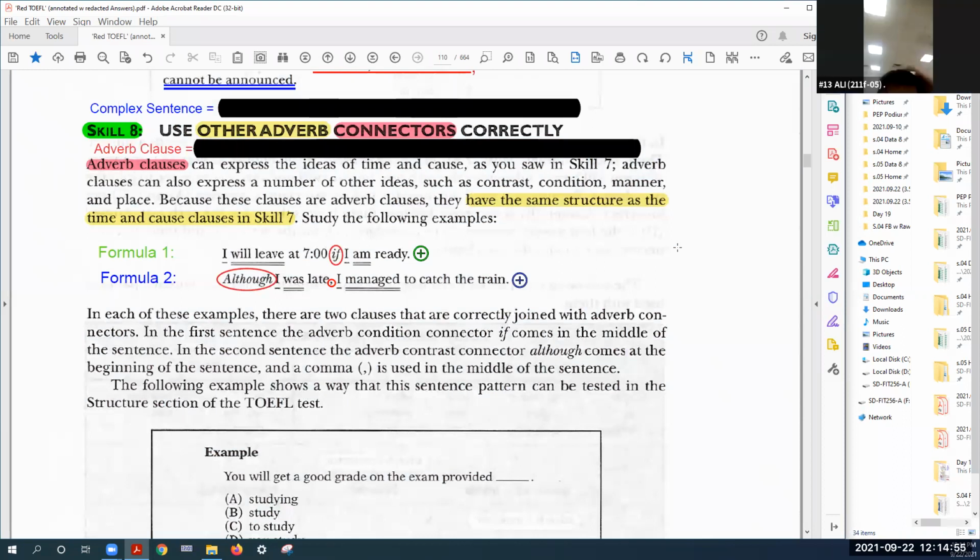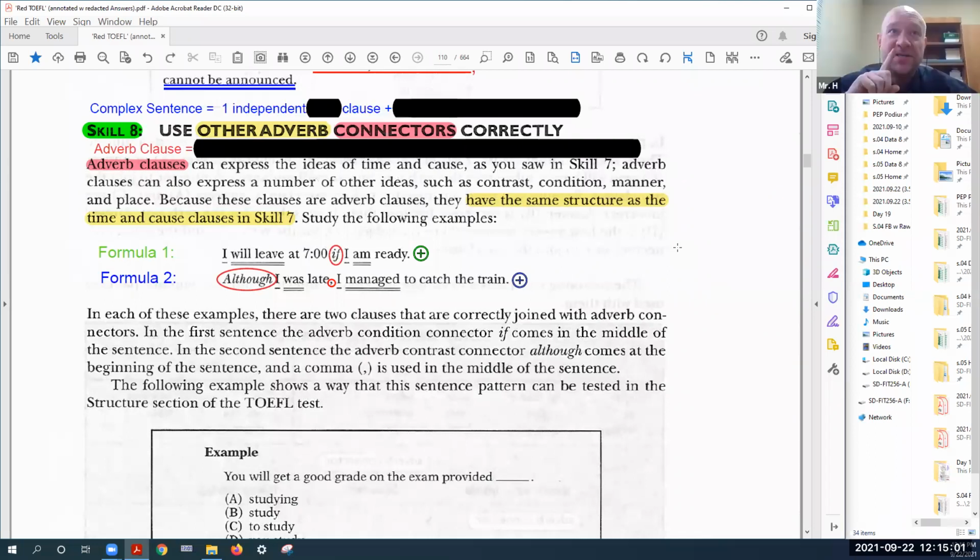A complex sentence has one independent clause, the father clause, and one dependent clause. The independent clause is also the same as the main clause, and then one or more dependent clauses. Okay.